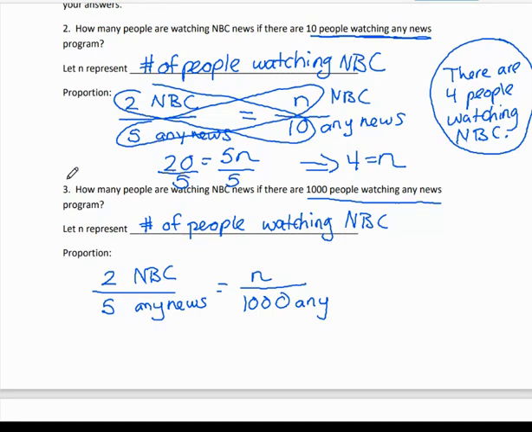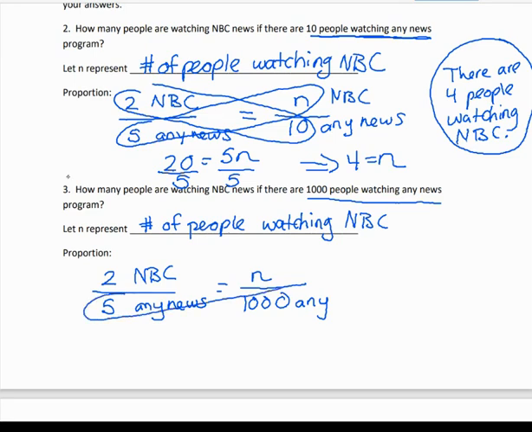But so let's now finish this up to understand. Again, it's saying how many are watching NBC. So my variable is the number of people watching NBC. We start with the ratio we were given, and then we set a ratio equal to what we know. What we know is 1,000 watching any. So 1,000 goes on the bottom, and my variable is up top this time.